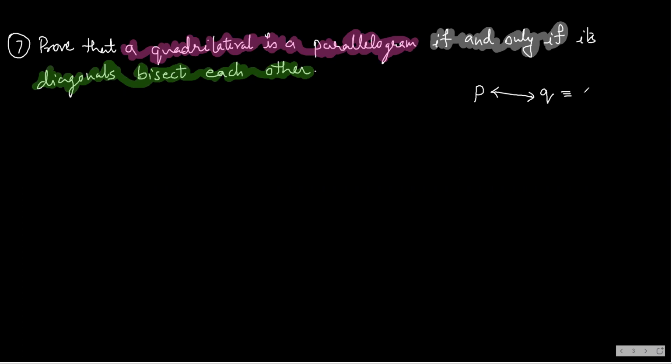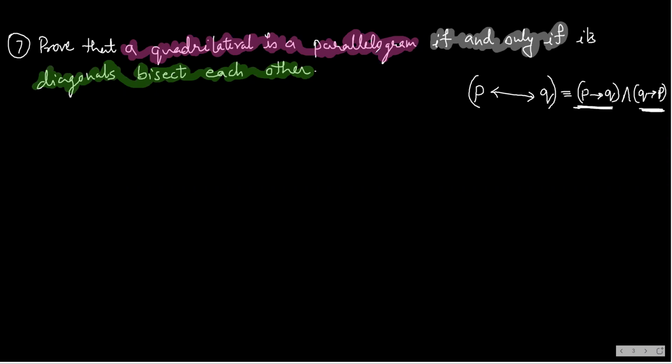It means if P then Q and if Q then P. So P if and only if Q is equivalent to if P then Q, P implies Q, and if Q then P, Q implies P.